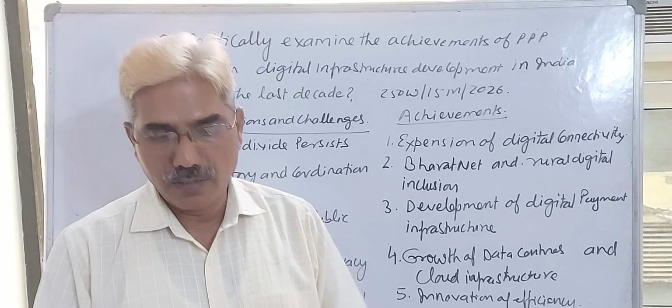Third, development of digital payment infrastructure. As you can see, recently India has become the world number one country in digital payment. Even very marginal sections of society, like vegetable sellers, food sellers and rickshaw pullers, are using the digital payment system very effectively in India. Why is this possible?